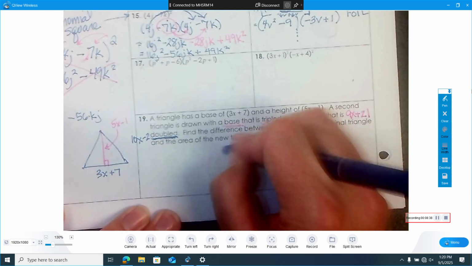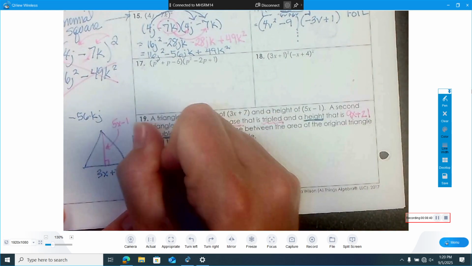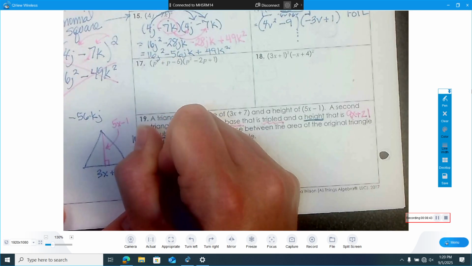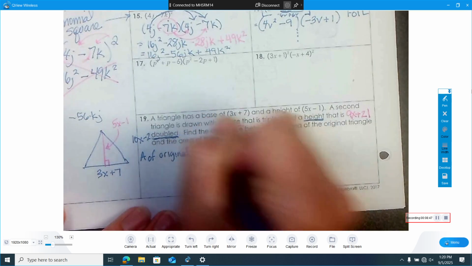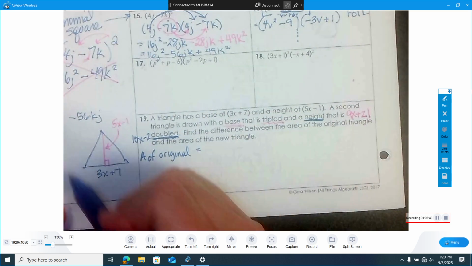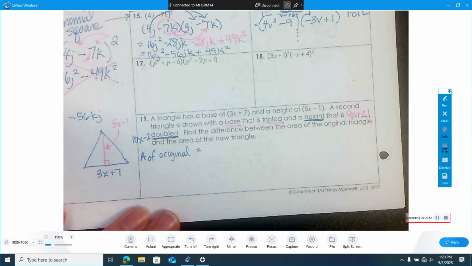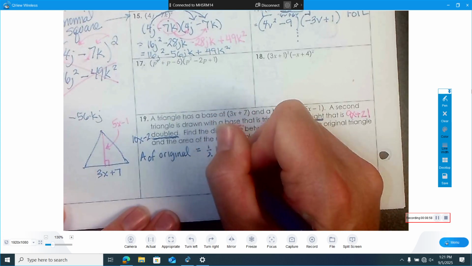So I'm going to start by finding the area of the original. How do we find the area of this triangle here? Very good. Base times height divided by 2, or 1/2 base times height.